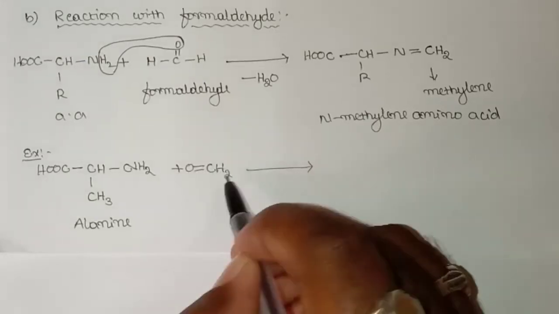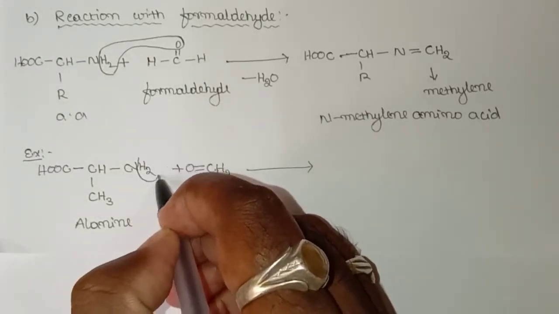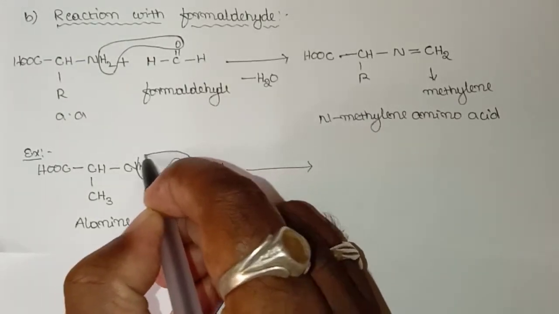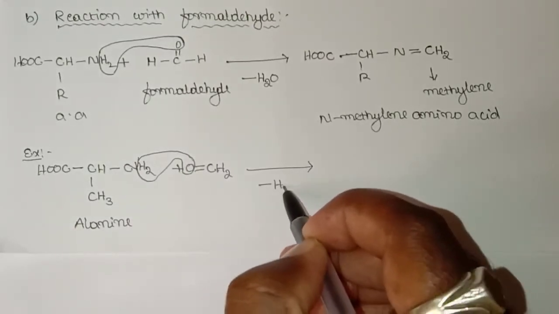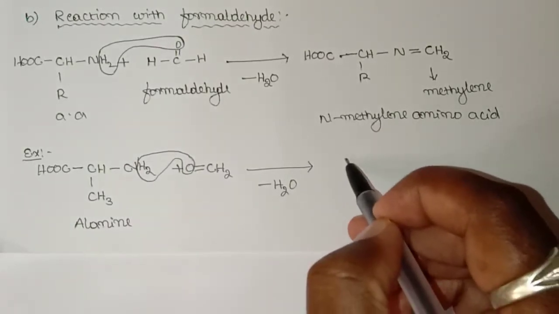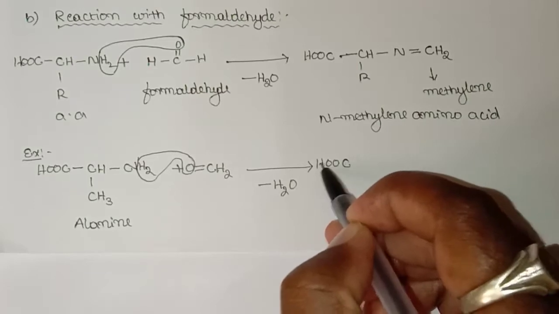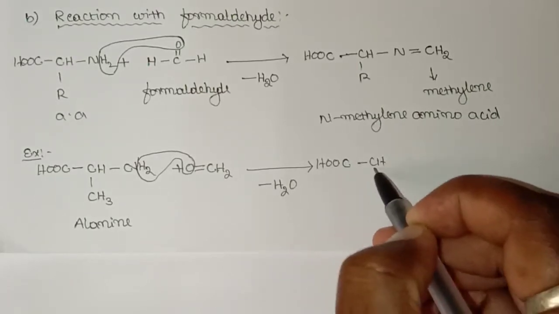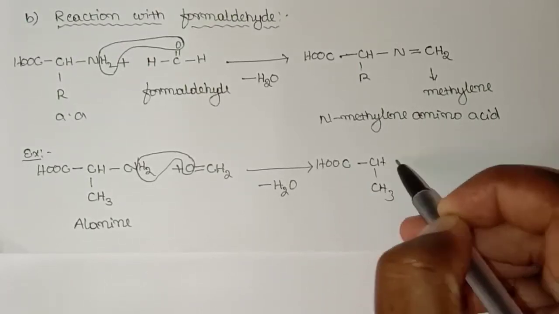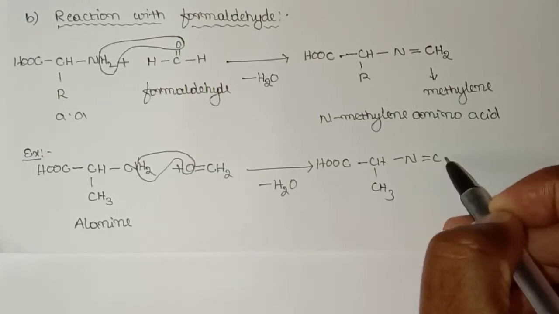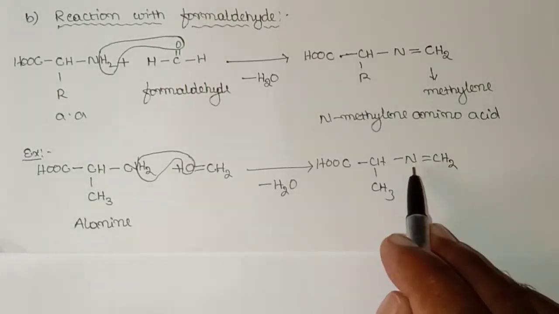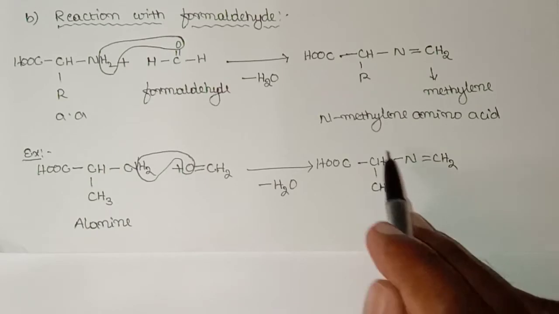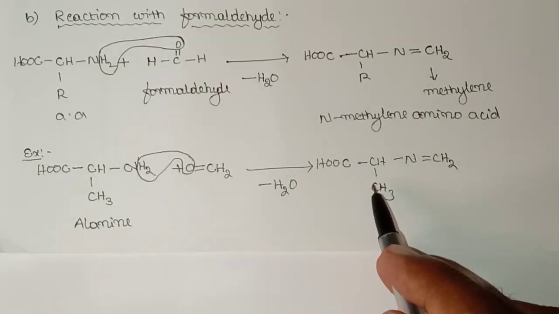In presence of formaldehyde, the same thing, the water molecule will get eliminated, and that results in the formation of a condensation product COOH, CH, CH3, N double bond CH2. So at the N position we have a methylene group, and the parent amino acid is alanine.